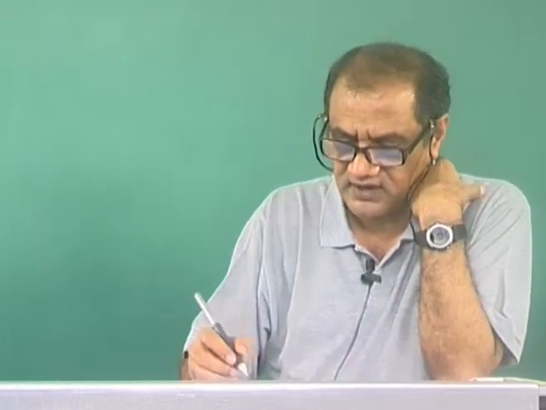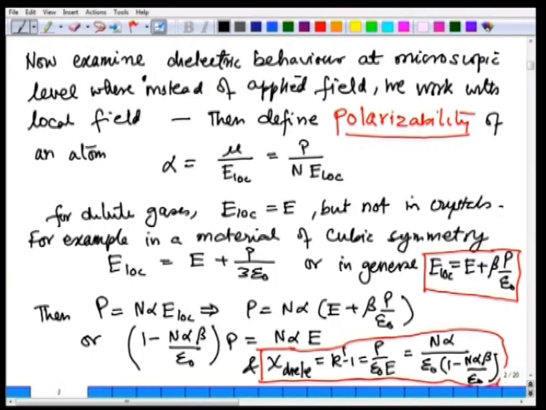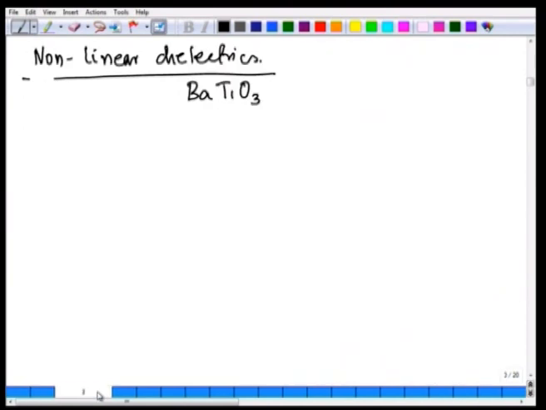So today let us look at this particular material to explain what non-linear dielectrics are, and as we do, we are going to generalize our ideas using this material, and mathematically we will connect the dielectric behavior of this material with this expression which we have derived right here. So I am going to connect back to this. So let us start with this.